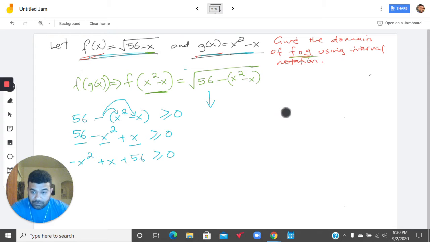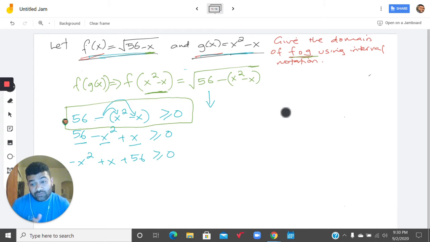Okay? Now we got that. So now since we know it's a quadratic, let me just leave a reminder that this is our original inequality, which we'll come back to later on for us to find the domain.